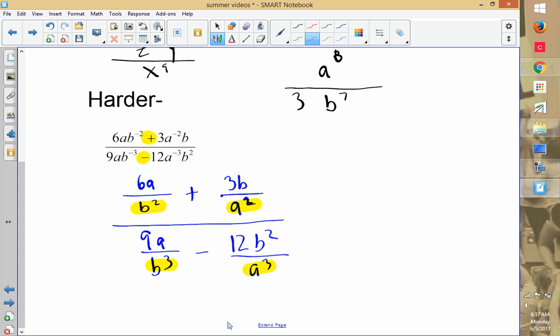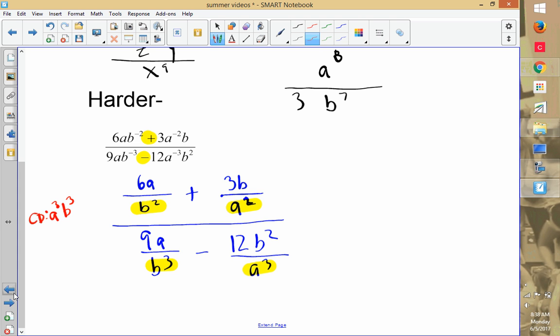You're going to look for the common denominator, the expression that all denominators can go into. I see that the highest exponent on b is 3, and the highest exponent on a is also 3. So our common denominator in this case is going to be a to the third b to the third.